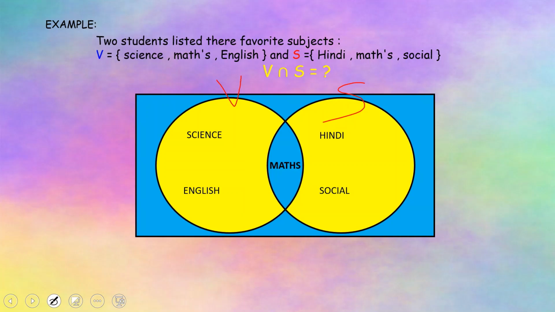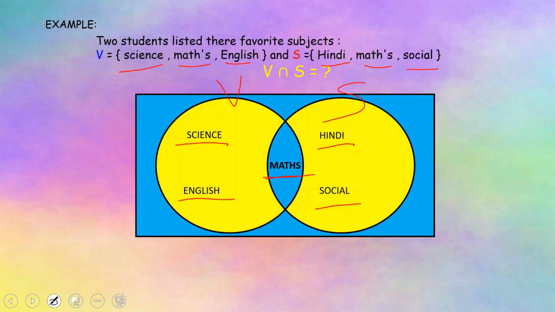For V, science, maths, English are the elements. We have mentioned science, English and maths. For S, Hindi, maths and social are the elements. We have mentioned Hindi, social and maths.